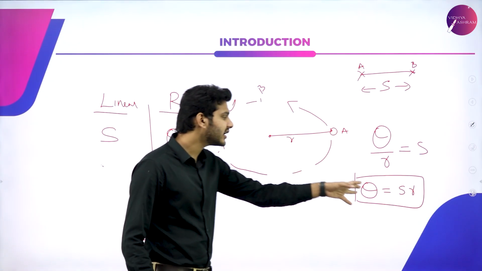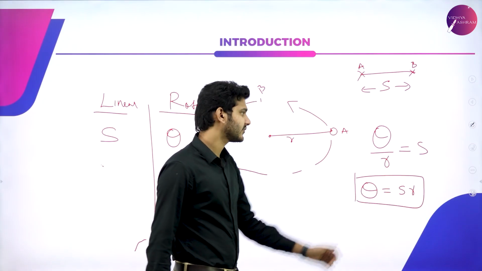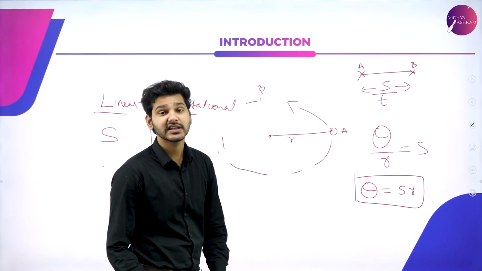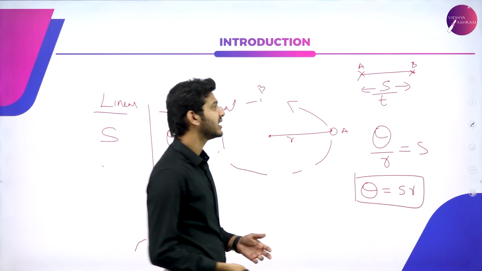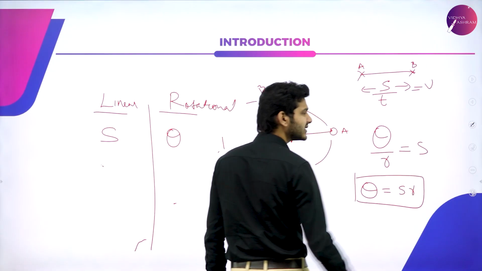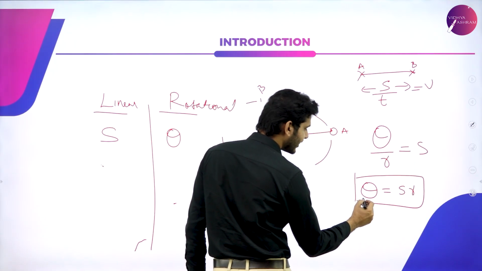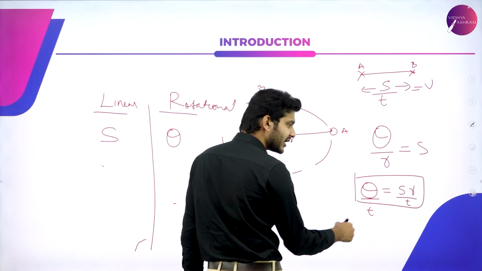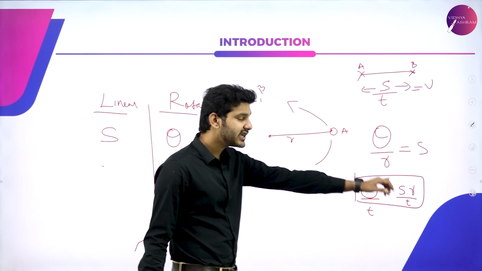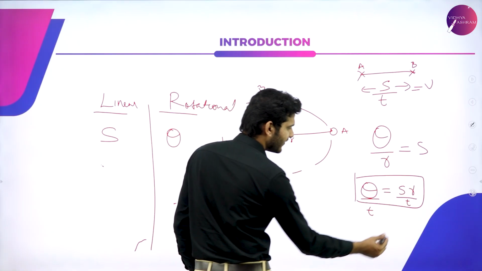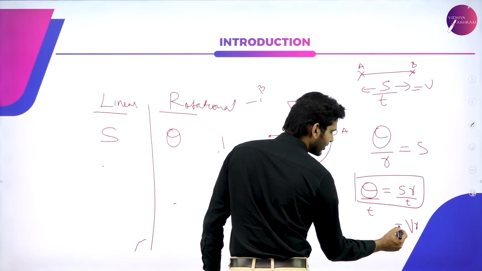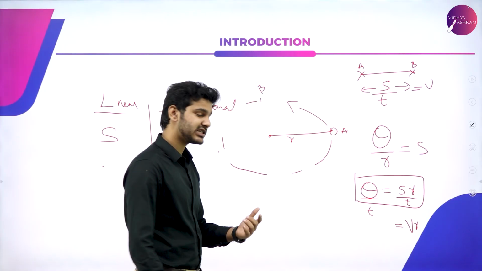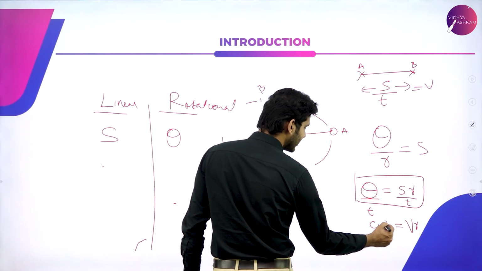For example, here displacement is S. If I divide displacement by time, or take the rate of change of displacement, then it will be velocity. Just like that, if I divide both terms by time, S by t is simply linear velocity V, and theta by t is now angular velocity, indicated by small letter omega.